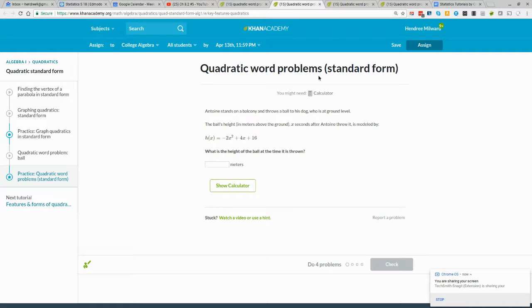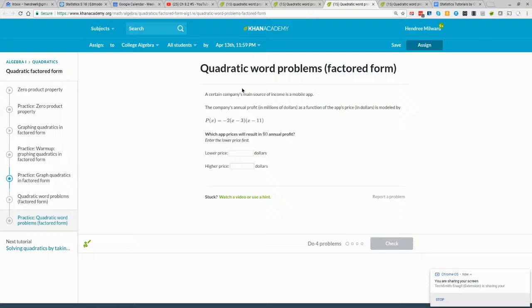Now let me take you to a different problem. It's a quadratic function again, and it's a function for the annual profit in terms of the price of the application they're selling. What app prices will result in a $0 annual profit?